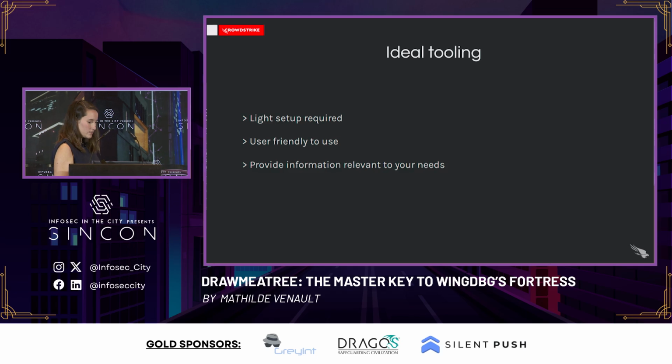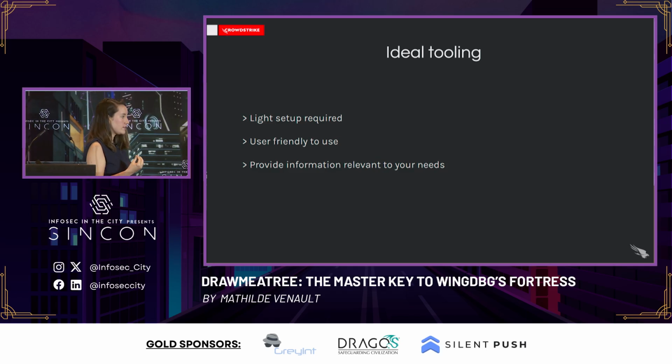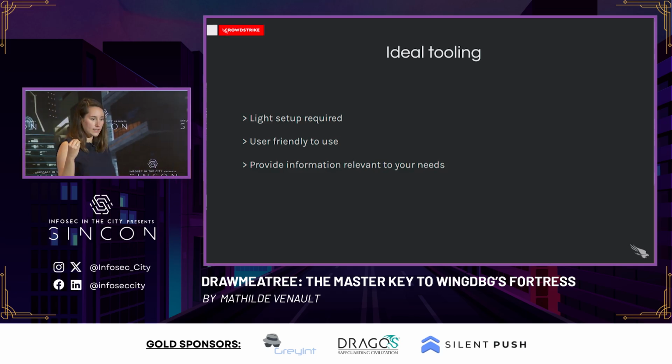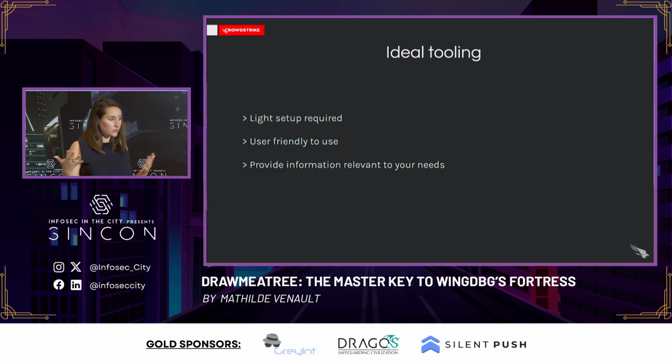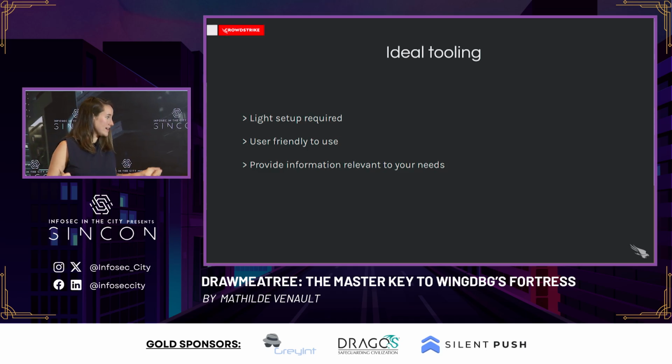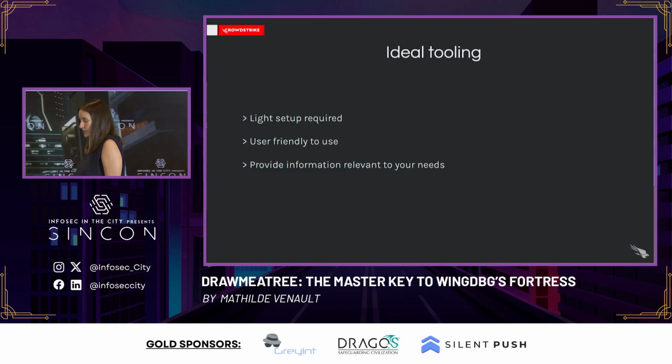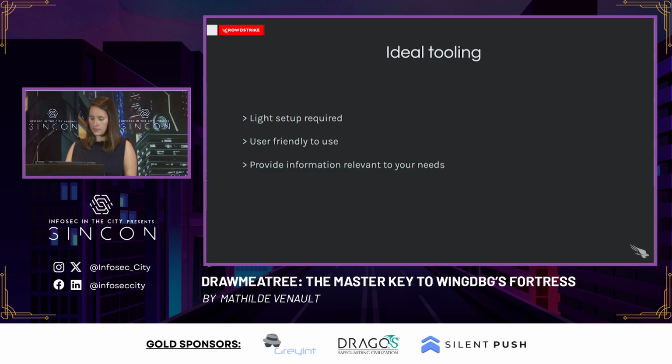We also need it to provide information relevant to our needs. Sometimes you'll get information about the network and how it works, but if it's not what you're going for, great, but it doesn't help. So it does matter what type of information you're getting to answer your own questions.